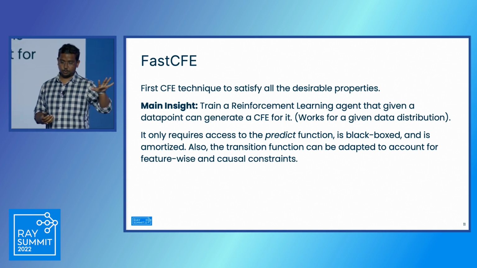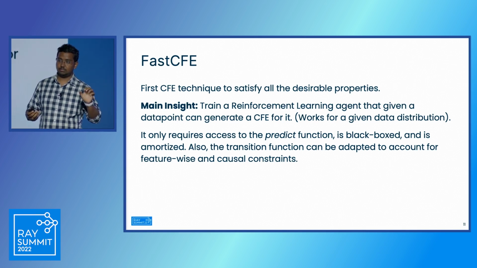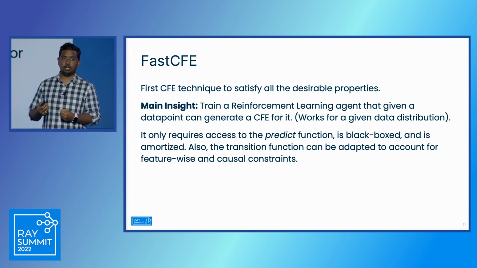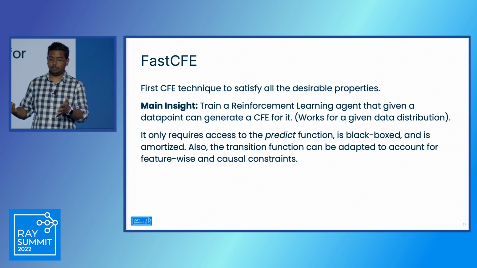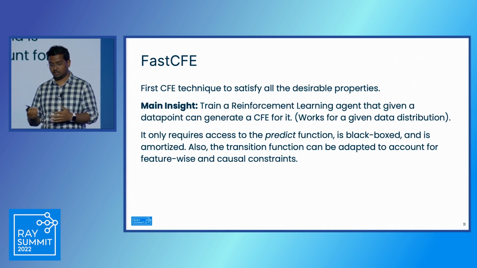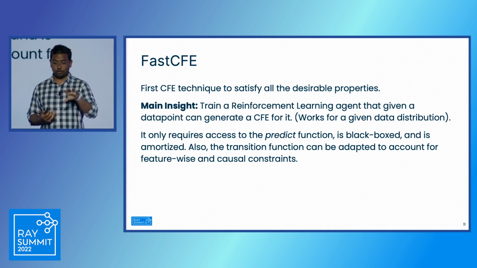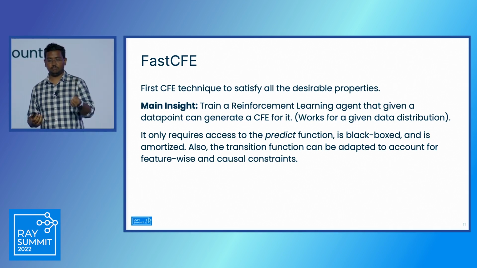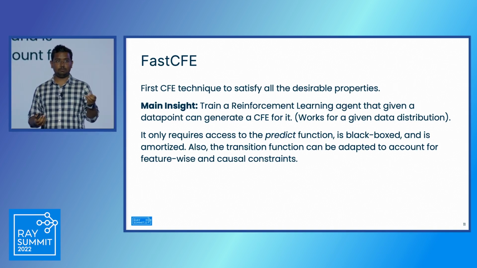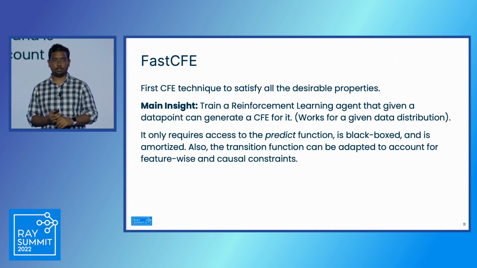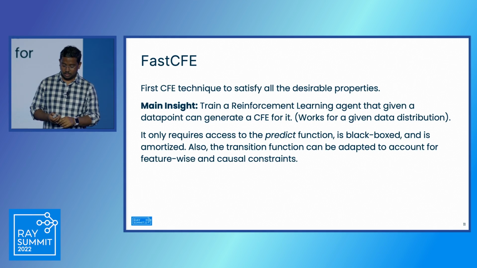And once this reinforcement learning agent has learned a policy to produce a counterfactual explanation for a data point belonging to a data distribution, you can deploy it to produce counterfactual explanations for many data points, and hence it's amortized. And since we are also designing the transition function for this reinforcement learning agent, it can be modified to account for feature-wise constraints and the causal constraints, which are other properties that we talked about.